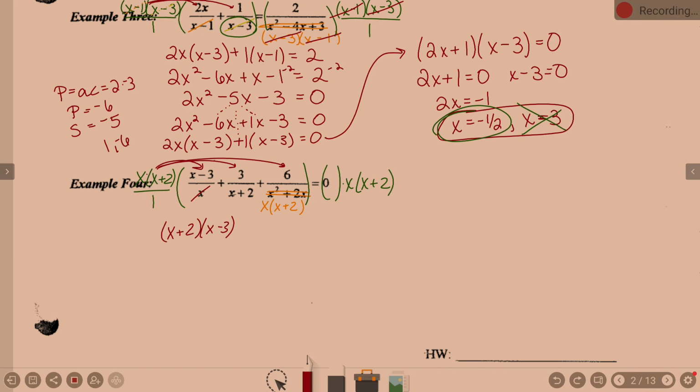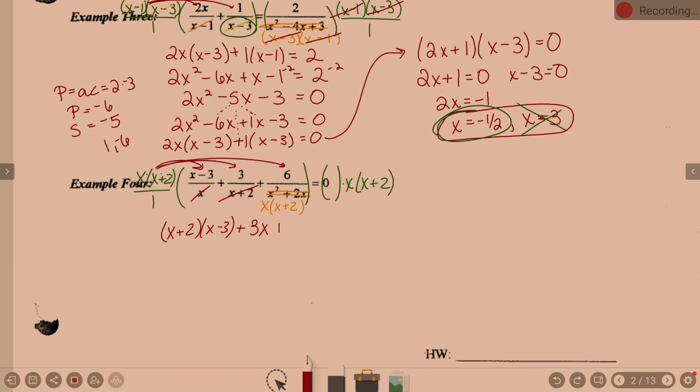I personally will multiply out in the next step. You do you. What happens with the second fraction? X plus 2 cancels with x plus 2. What remains? X with the 3 that's already on top. So 3x.